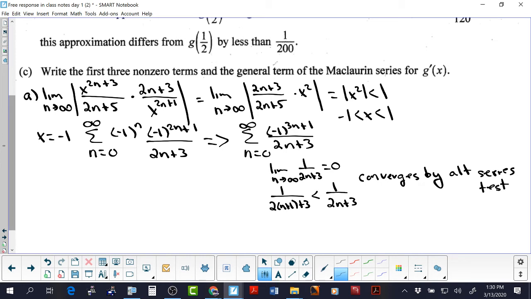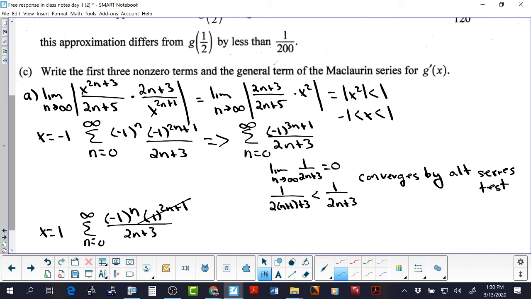So we got one endpoint checked. How about the other one? That's the sum from n equals 0 to infinity of (-1) to the n, and then 1 to the 2n plus 1 over 2n plus 3. But multiplying by 1 isn't really going to change anything.